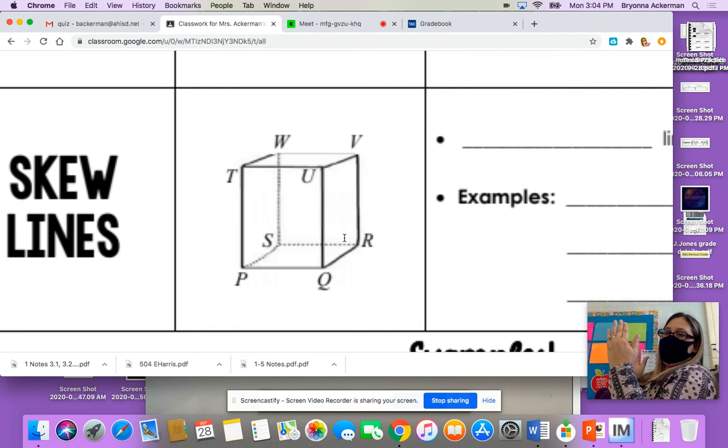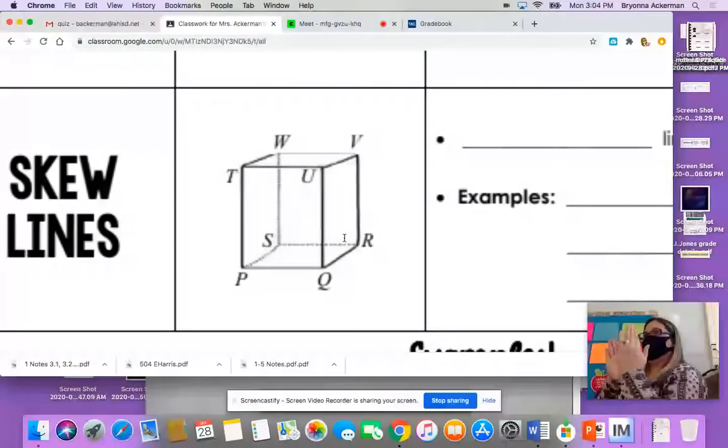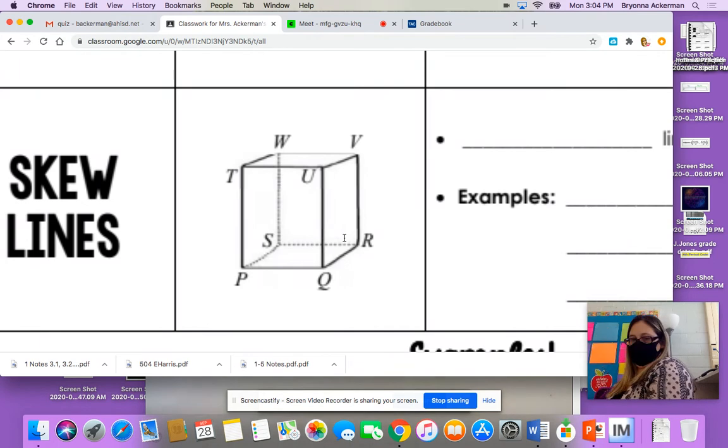So the front and the back, those would be parallel. But if I'm talking about a skew line, they're actually not parallel, but because they exist in a different plane, they also will never touch. Okay? So for example, we could take TP and UV, and those are skewed lines.